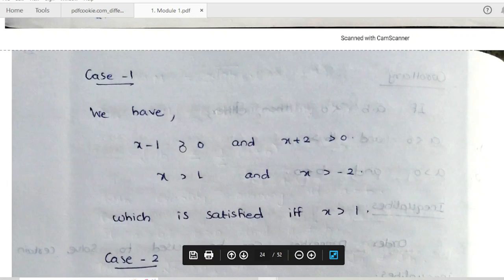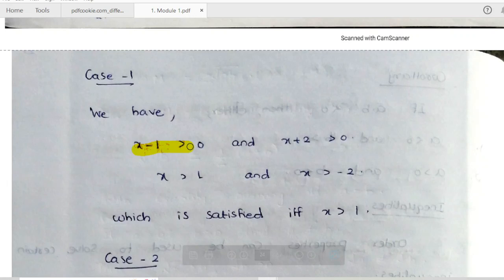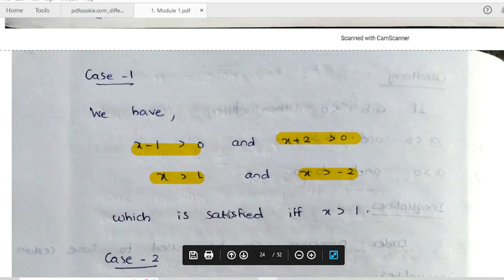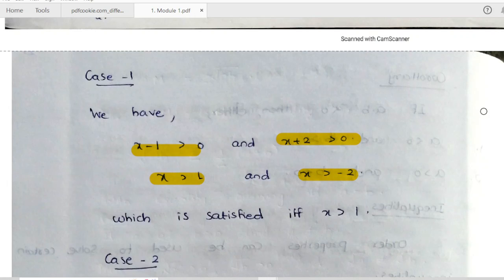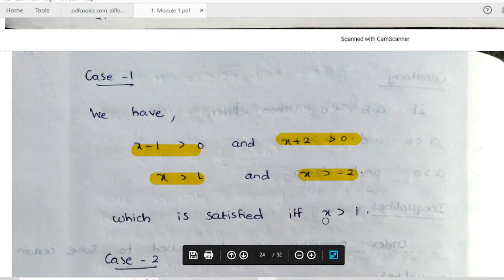First case is when x minus 1 is greater than 0 and x plus 2 is greater than 0. So here we get the value of x as x greater than 1, and here x is greater than minus 2. So which is satisfied if x is greater than 1. Considering both conditions, x greater than 1 and x greater than minus 2, the common region is x greater than 1.